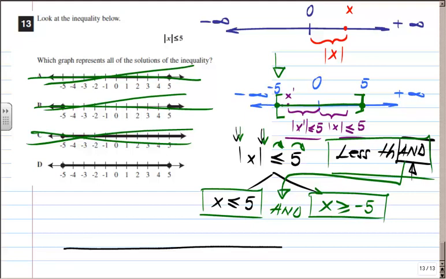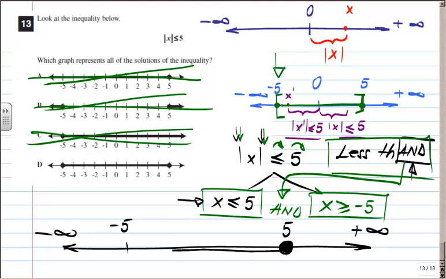And if you have to represent this thing on a number line, right? This is my negative infinity, that's my positive infinity. I have my -5 and I have my +5. If I'm going with the first one, what it says, x less than or equal to 5, I'm going to 5, I need a full dot, and I need all the numbers to the left, to the negative infinity, that will be less than 5, right?